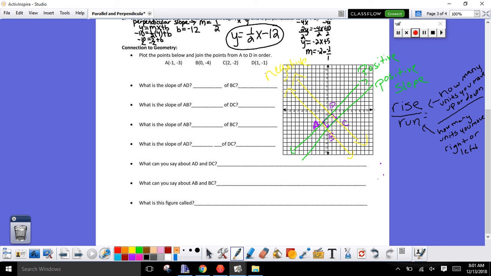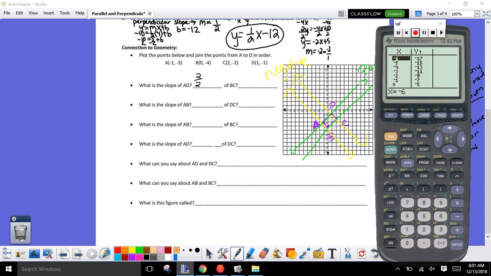I moved 2 units up and 2 to the side. It's a positive slope, so that means I have 2 over 2. If I put 2 over 2 on the calculator, it gives you a 1.